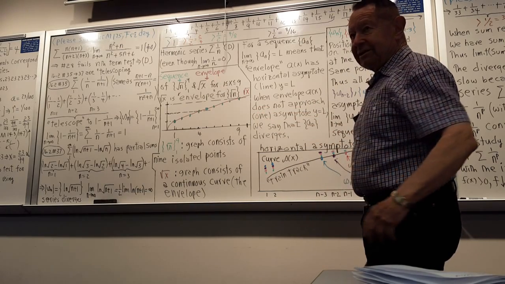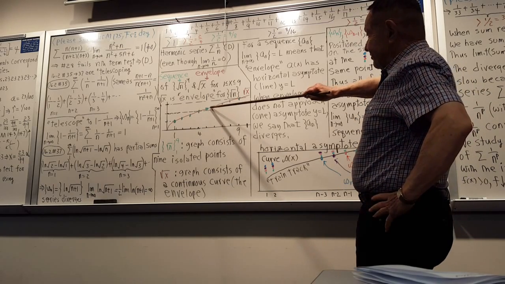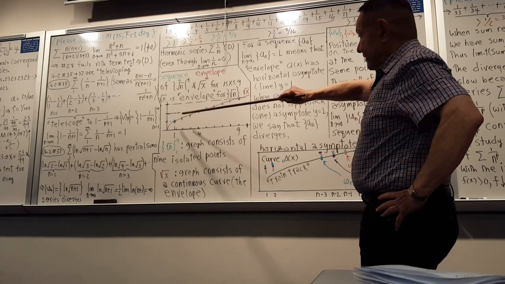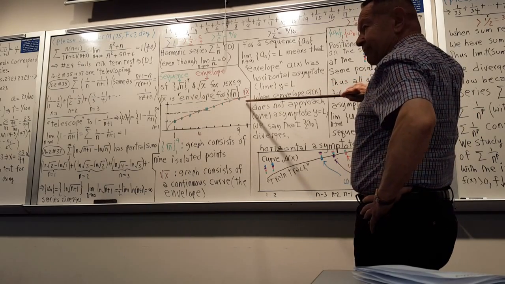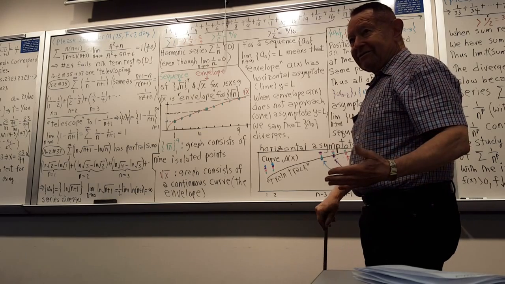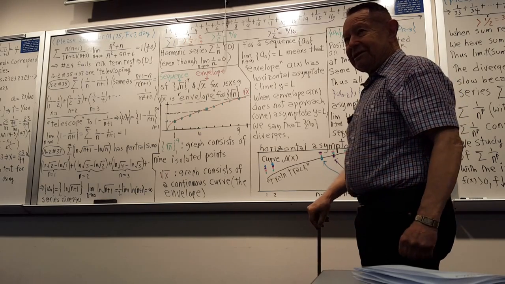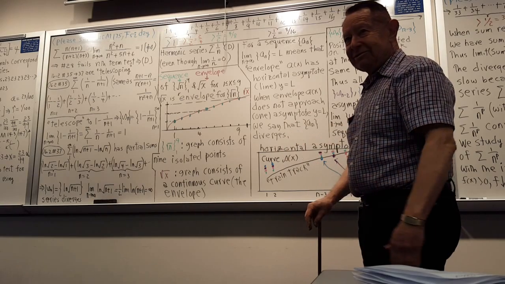The analogy that I was using yesterday is a train on a track, and so the envelope or graph of the continuous variable is the track, and the train, assuming it's going to stay on the track, has to go where the track goes.